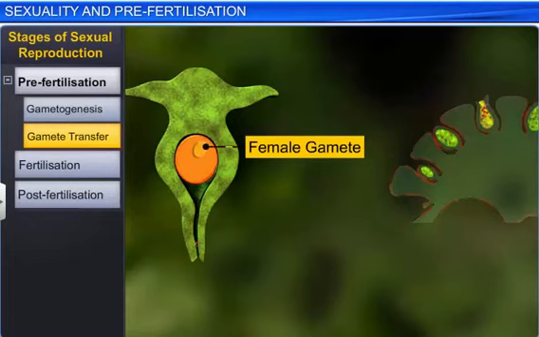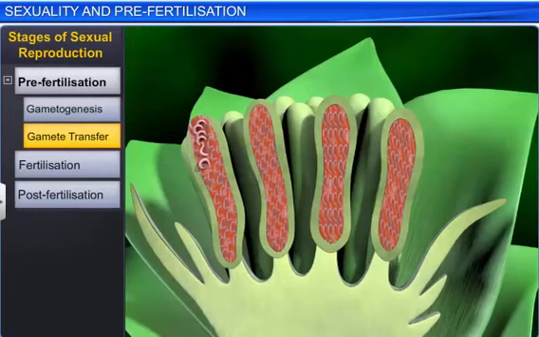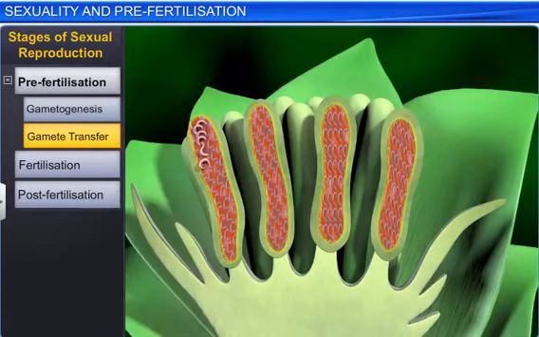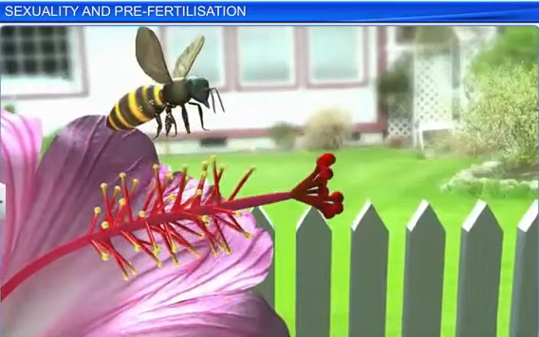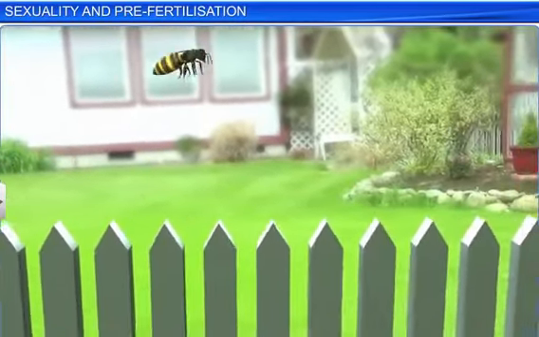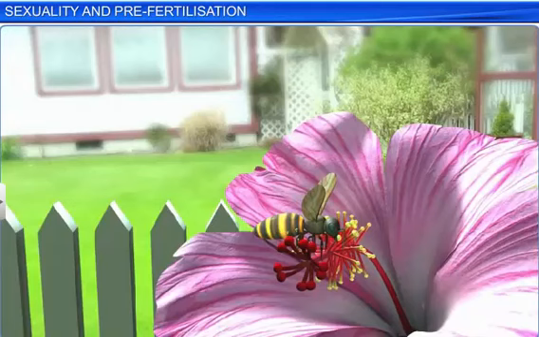However, during this process, many male gametes either die or fail to reach their destination. To overcome this lacuna, most plants produce several thousand male gametes to ensure that at least some of them reach the female gamete. While water facilitates the transfer of gametes in lower plants, wind, bees and insects facilitate the transfer of gametes in higher plants, including angiosperms.